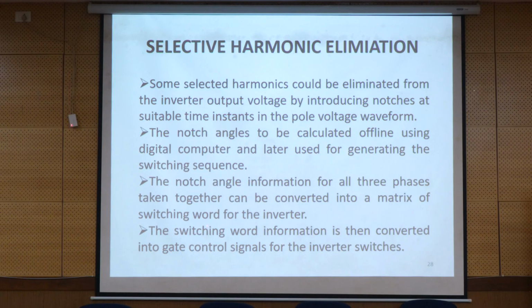The switching word information is then converted into a gate control signal for the inverter switches. Now, this is another interesting type of switching strategy.